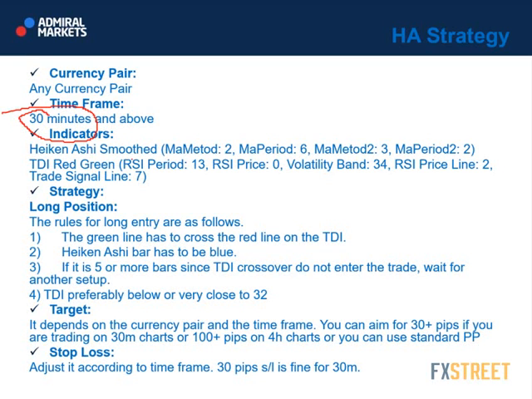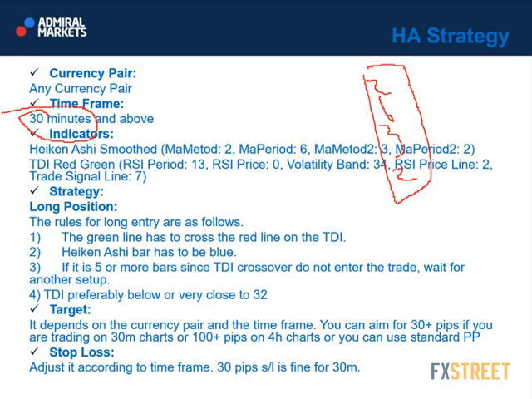So you need Heiken Ashi smoothed with these settings: MA method 2, MA period 6, MA method 2, MA period 2, so 2, 6, 3, 2, 1 below another. I will also show you that on live chat later. These are basically default Heiken Ashi smoothed settings.